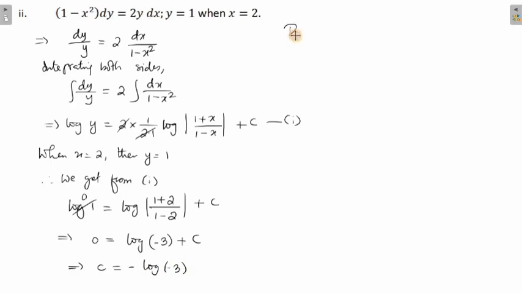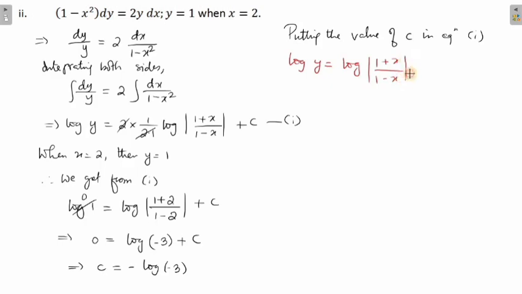So putting the value of c in equation 1, you get log y equals log (1 + x) divided by (1 − x) plus c, and in place of c we have −log(−3).